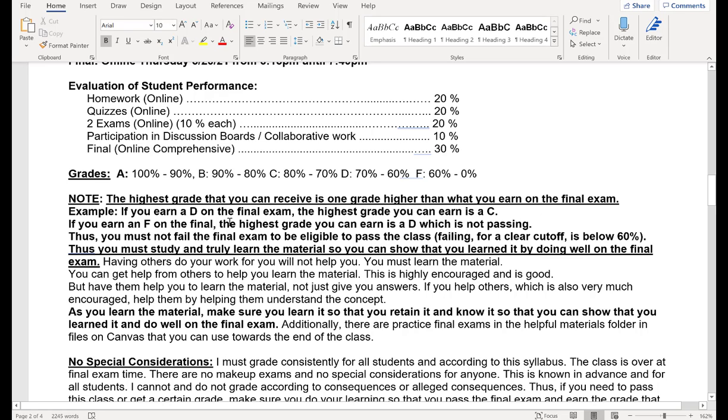For example, if you earn a D on the final, the highest grade that you can get is a C. If you earn an F, the highest grade is a D, which is not passing. So you must not fail the final to be eligible to pass the class. Thus, you must truly study and truly learn the material so that you know it and can show that on the final exam.